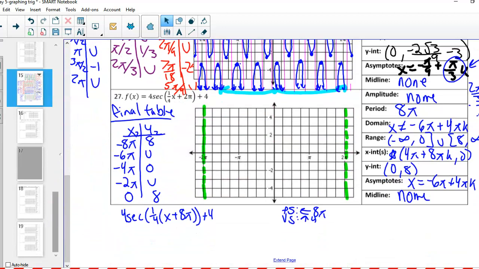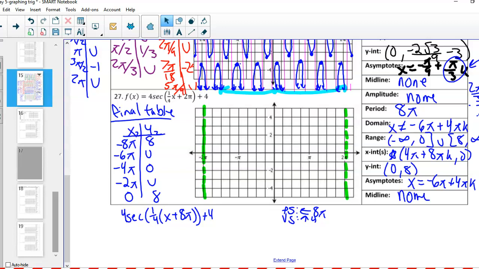Okay, 27, I did tables there, but I only wrote the final table up there. This one is really far off the graph. This highlighted part is supposed to be where it really is. So your asymptotes are at negative 2 pi, 2 pi. This did not help me with that a whole bunch, except I had an asymptote at negative 2 pi, and I see that it's going every 4 pi, there's another asymptote, because at negative 6 pi there would have been an asymptote.